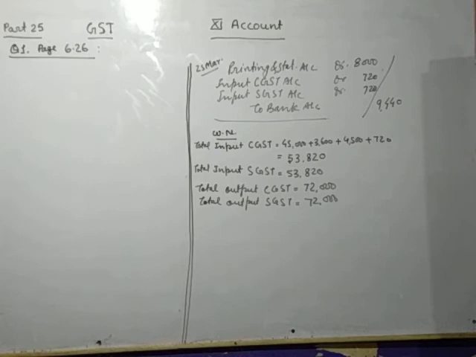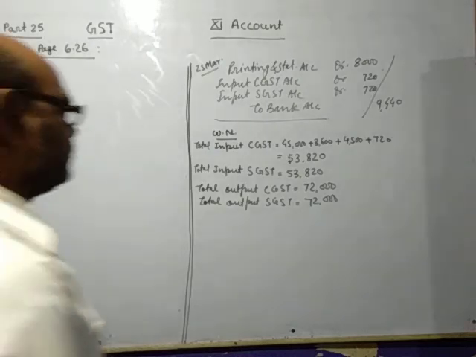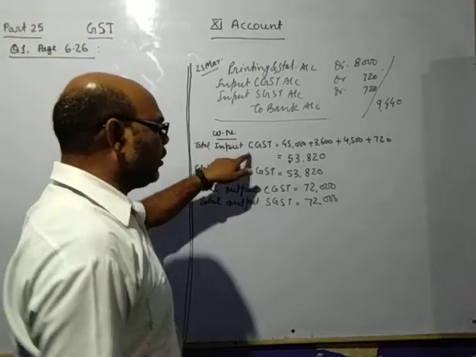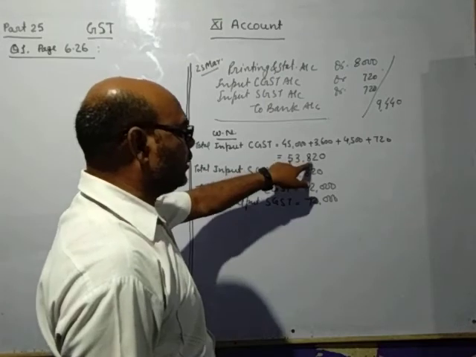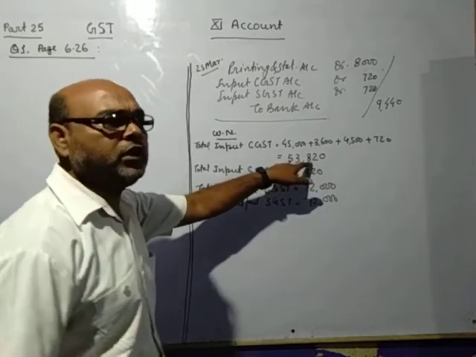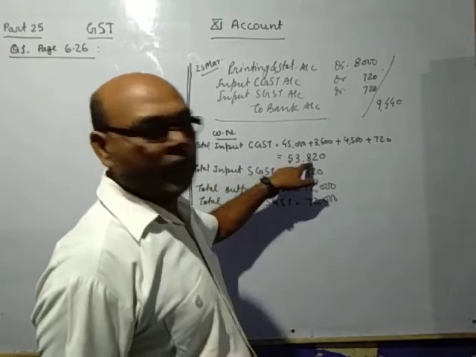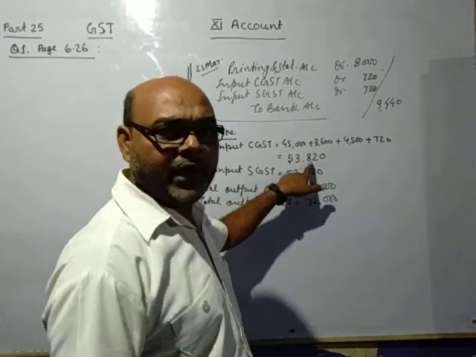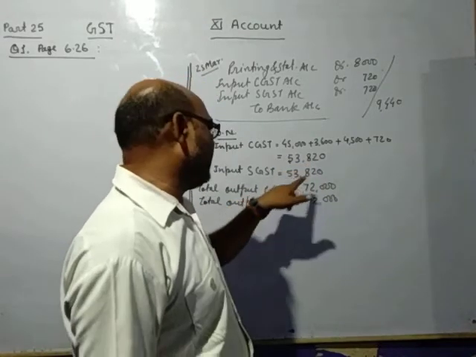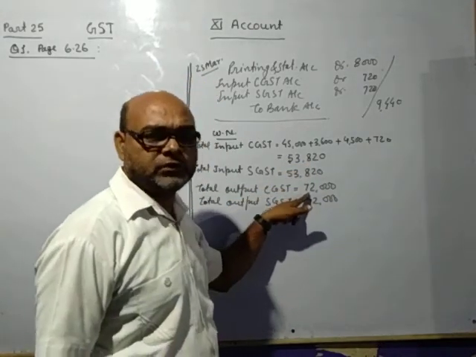First you will make the adjustment of central government. Now central government input is 53,820. This amount already you have paid. So this amount you do not have to pay. So this amount will be adjusted with the 72,000.